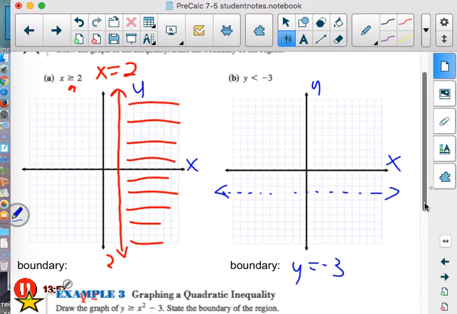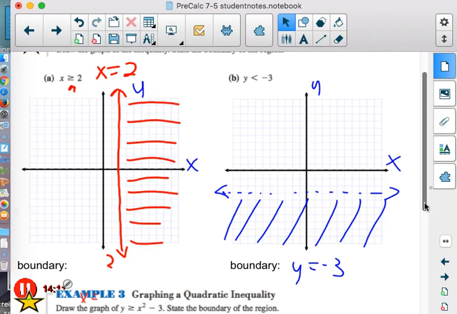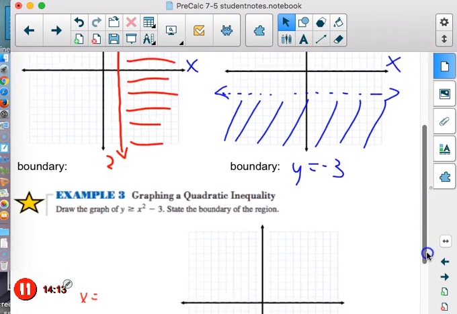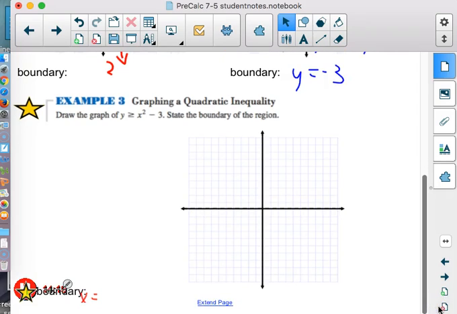Shade up or down? Down, less than. -4, -5, -6, all those down there. Is this all coming back to you? Full review. So whether or not it's y equals mx plus b, or we're talking about horizontal or vertical lines, it's all been reviewed.